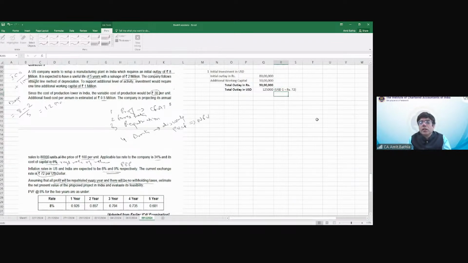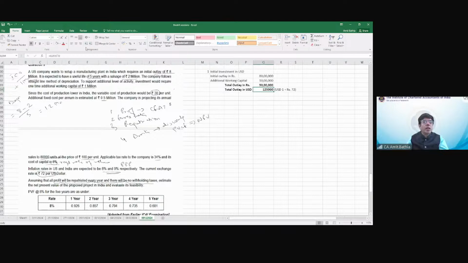Are you going up the ladder or down the ladder? This is USD 1 equal to 72, so it is basically 72 upon 1. From INR, you are going into USD, so from numerator to denominator, so divide. So I get $125,000. That is my initial outlay.